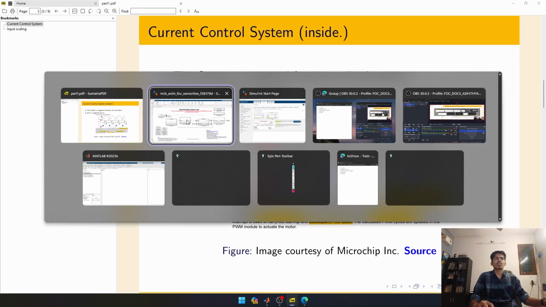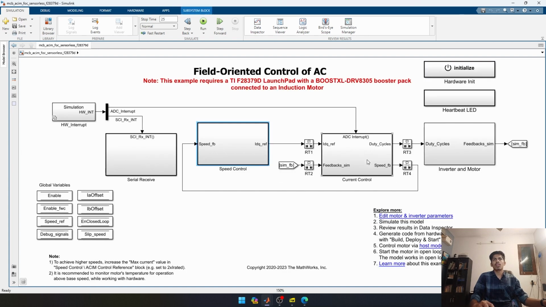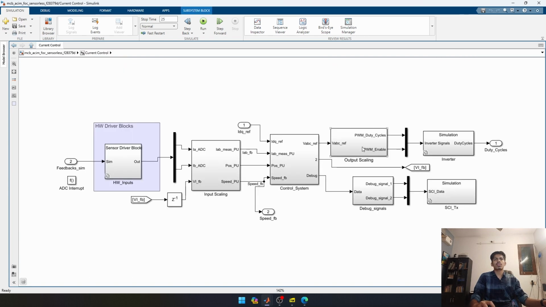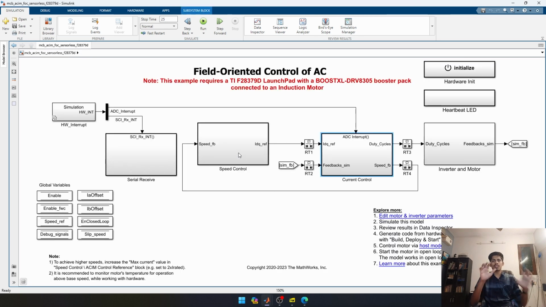Okay, now let's go into this current control. Last time we looked at all these blocks. Now let's go into the current control system. In that you can see there is an input port, and input port 2, the feedback sim. As I said in my overview first video, this entire MATLAB simulation can be run in two modes. Code generation mode, that is if you want to deploy it to the hardware, you can connect this launchpad TI F28379D, this launchpad, through USB.